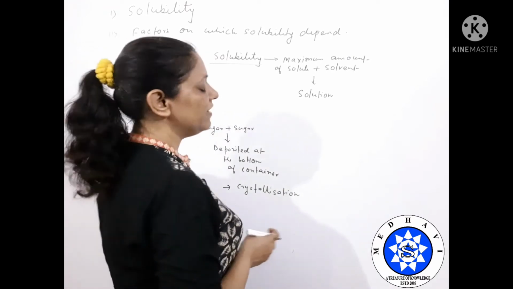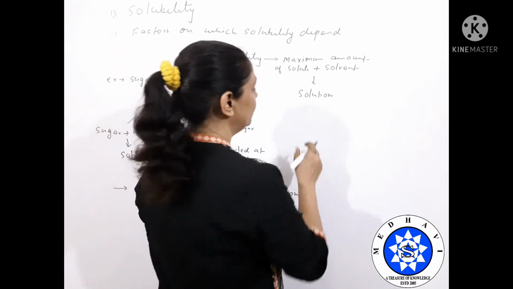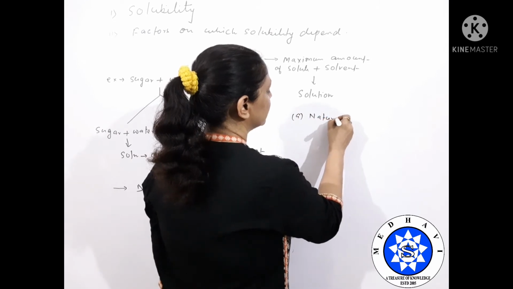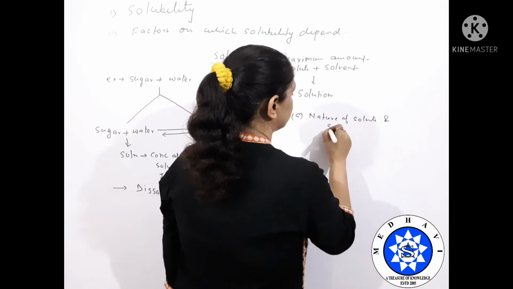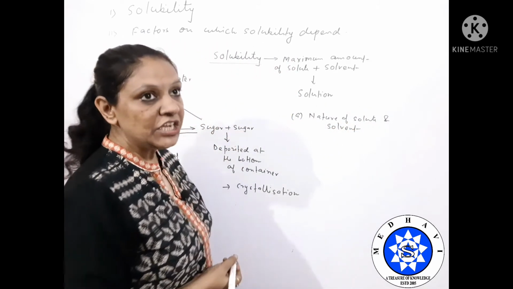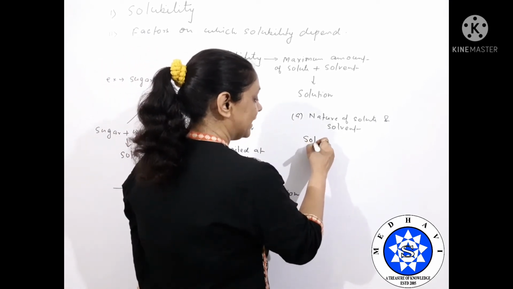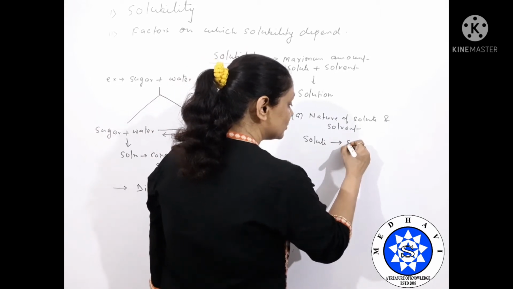Second thing, when we are going to add solute in a given solvent, we need to focus on the nature of solute and solvent. Nature means whether the solute that we have taken is soluble in the solvent or not.